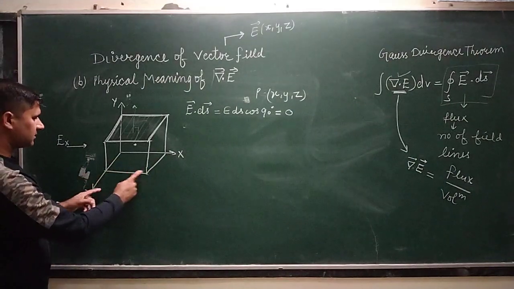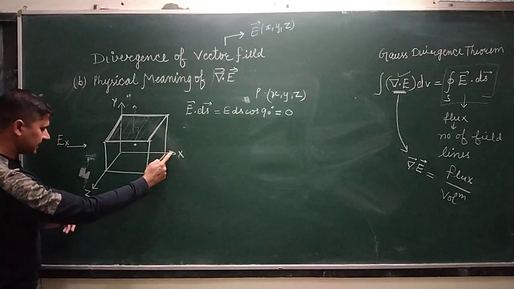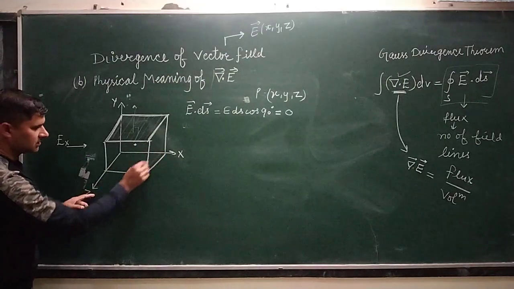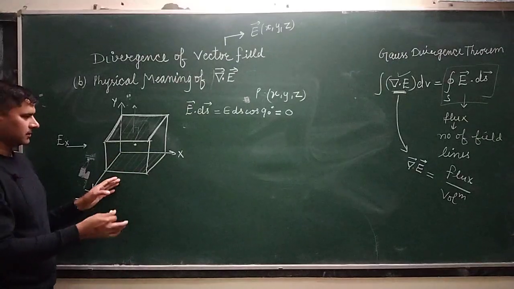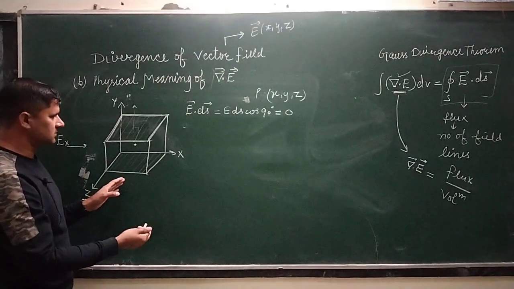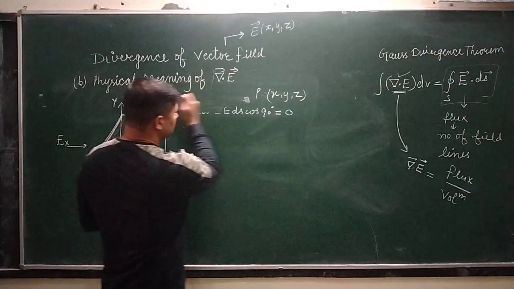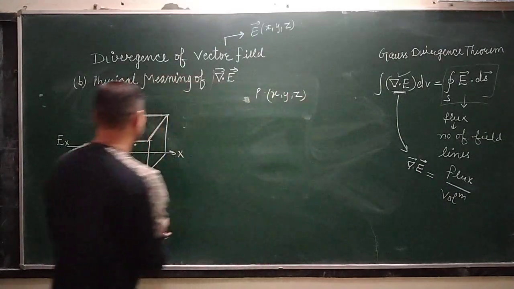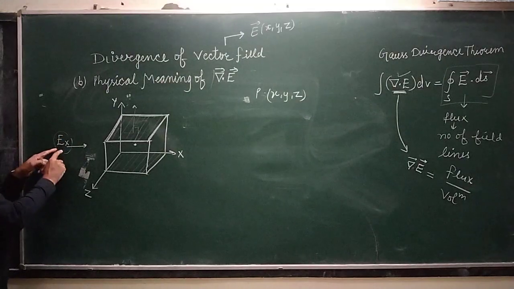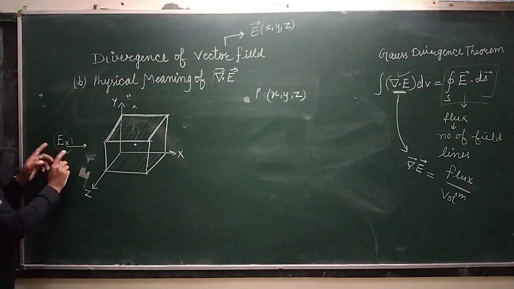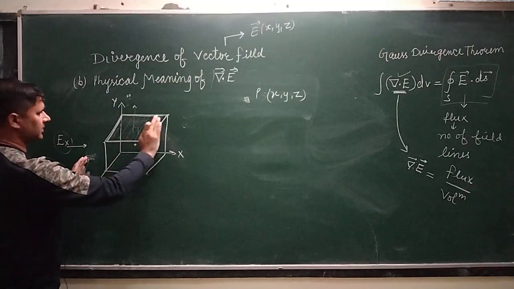And the surface which is in the xz plane, this will also not contribute to the electric flux. So if we find the electric flux with respect to this component of electric field, then only two surfaces will contribute.